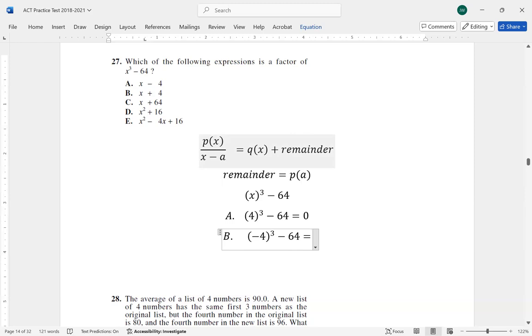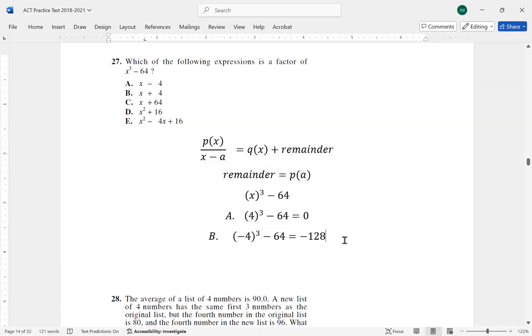That gives me -128, which is obviously not 0. So when I divide my polynomial x to the third minus 64, I'm going to get a remainder of -128. So it's not going to divide nicely, and so x plus 4 is not going to be a factor.